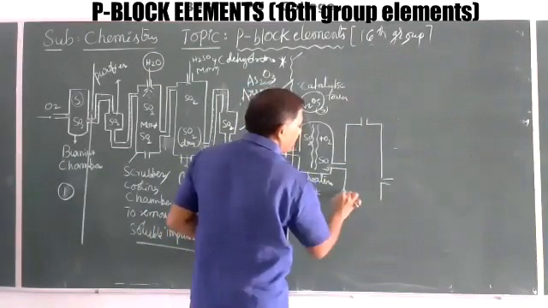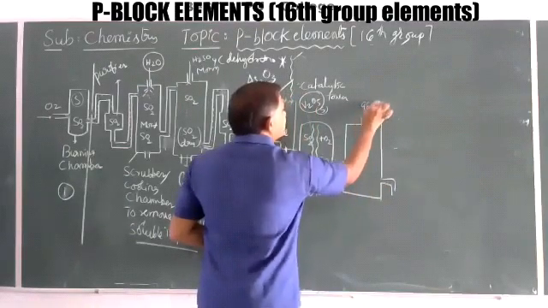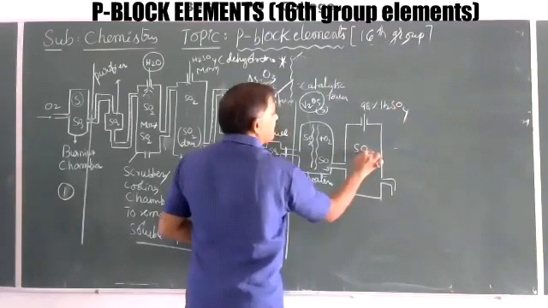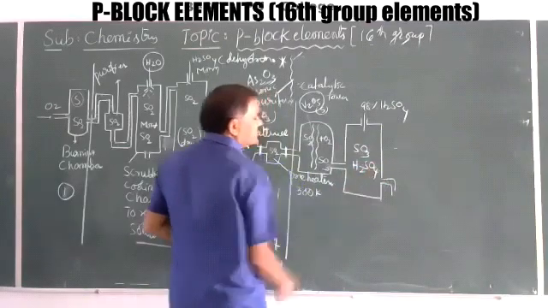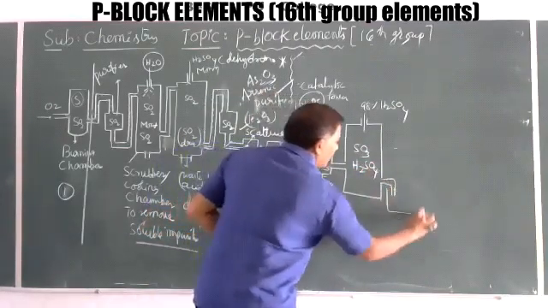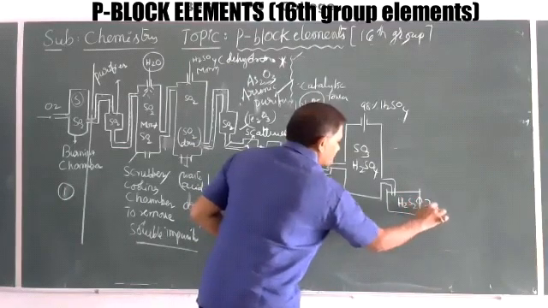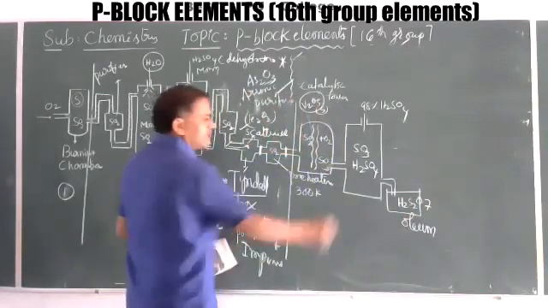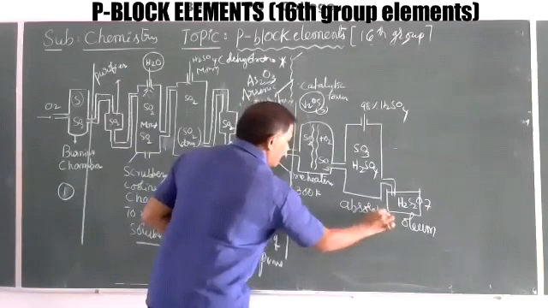That tower contains mainly 98% sulfuric acid. Now the obtained sulfur trioxide gas is absorbed by sulfuric acid and forms fuming sulfuric acid, that is H2S2O7, called oleum. This tower is called an absorption tower.